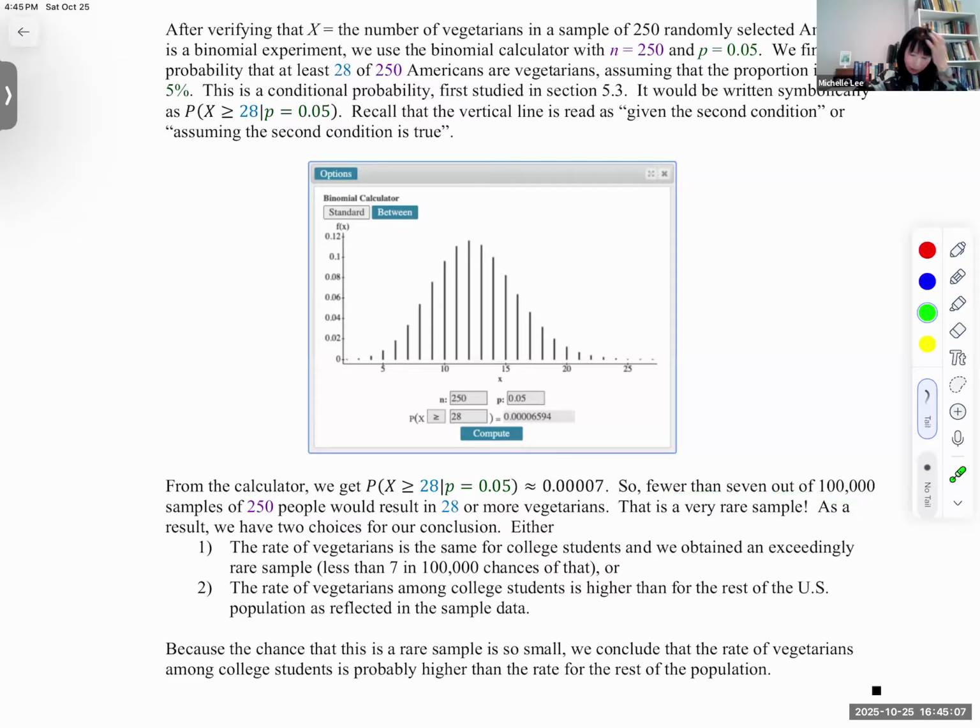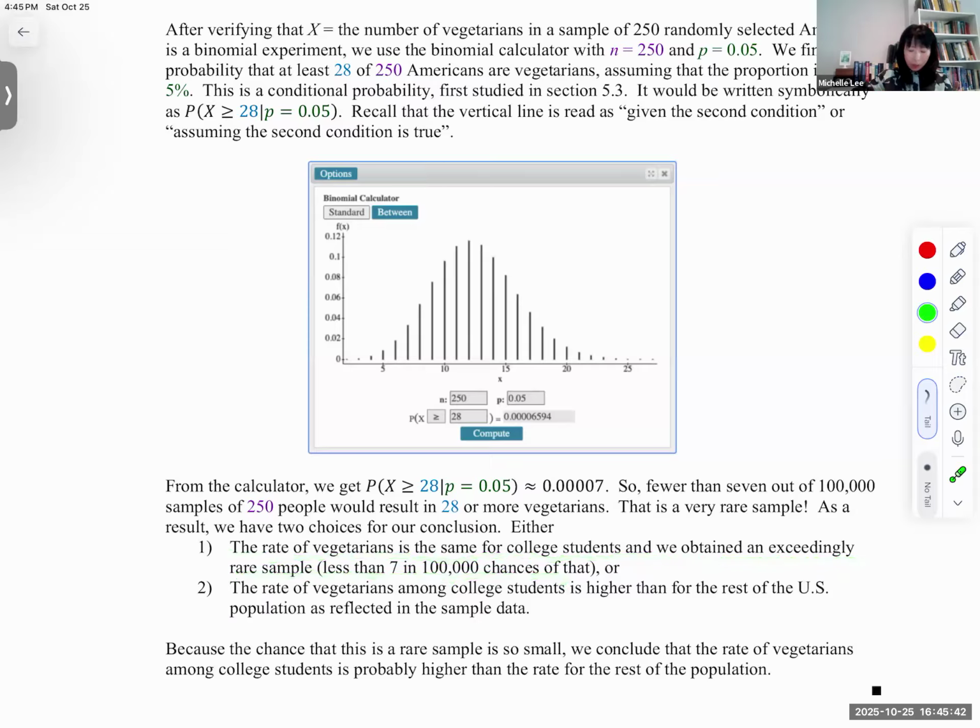That means it's very rare, a very, very tiny chance, right? So we have two conclusions in that case. The rate of vegetarians is the same for college students, and we obtained an exceedingly rare sample, with less than 7 in 100,000 chance of that.